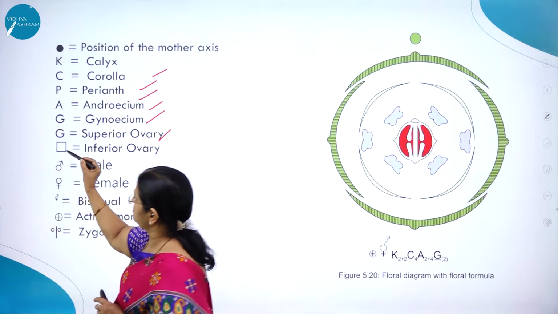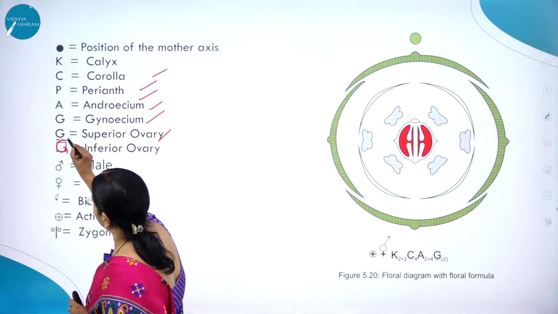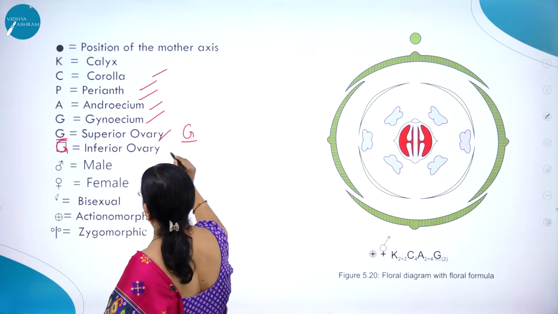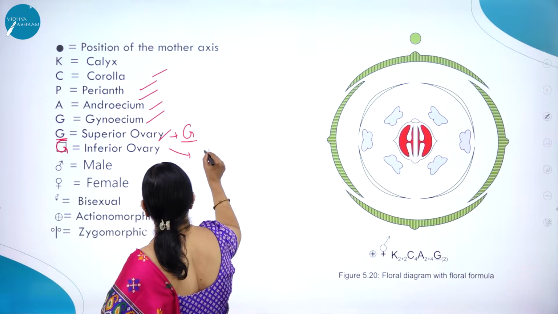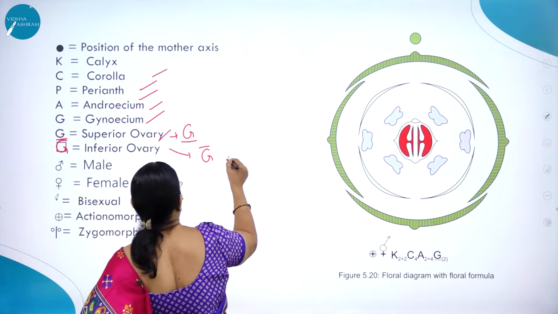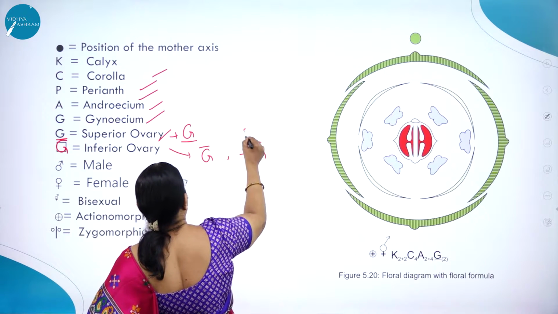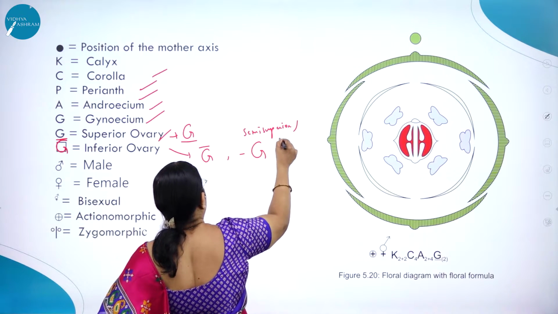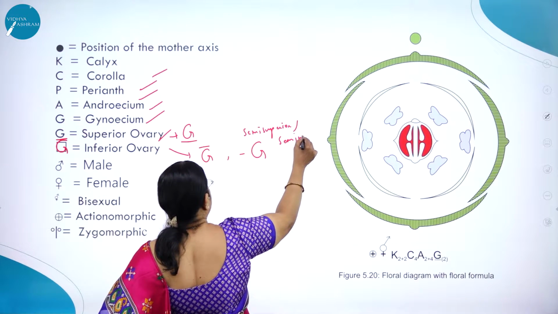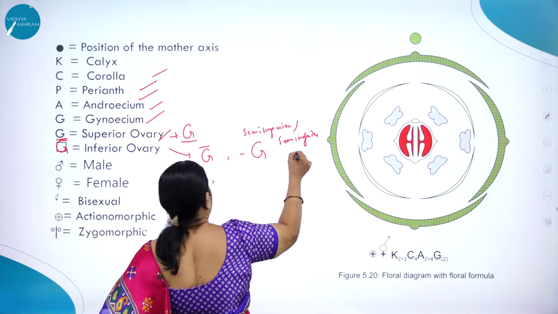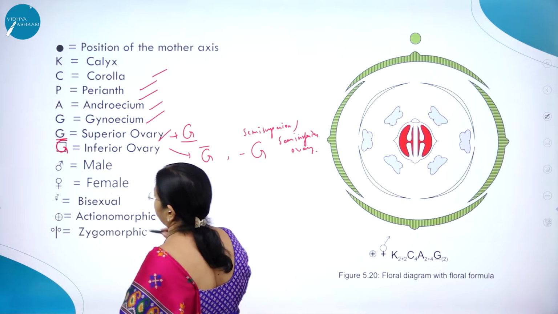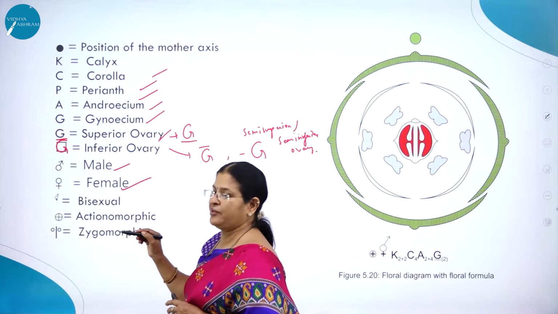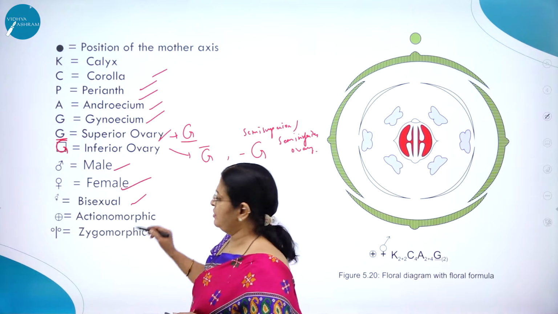For superior ovary you put G bar down like this. For inferior ovary you put G bar like this. For semi-superior and semi-inferior ovary you put this. Then male, female, bisexual, actinomorphic.